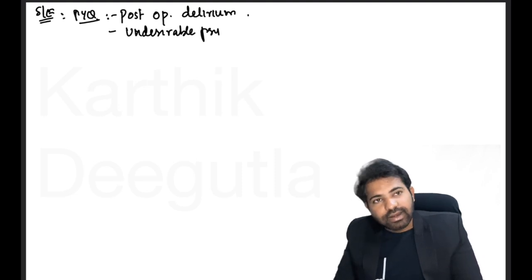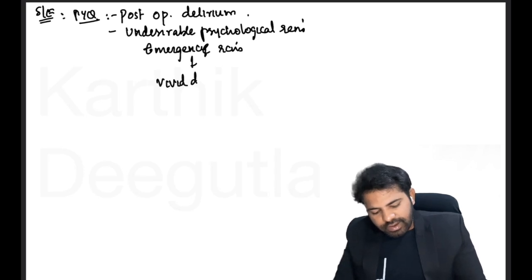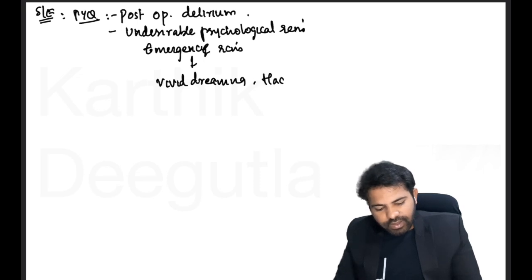Undesirable psychological reactions. What are they? They are known as emergence reactions, occurring during emergence from ketamine. Emergence reactions like vivid dreaming, hallucinations, illusions.